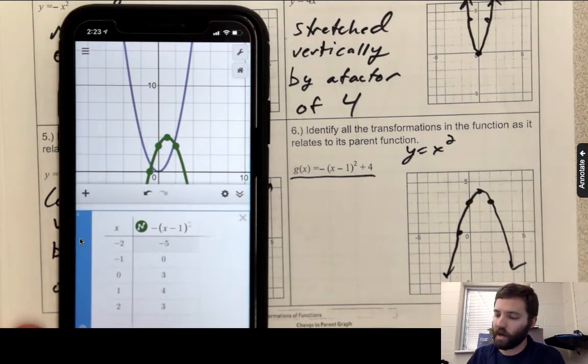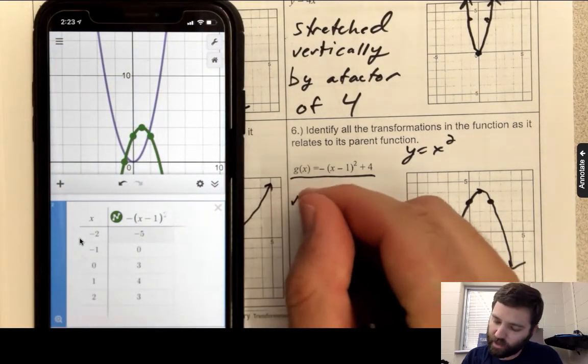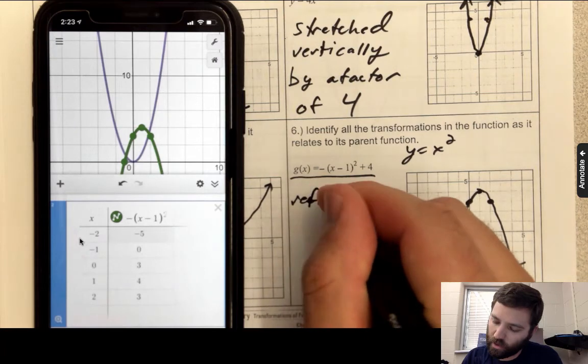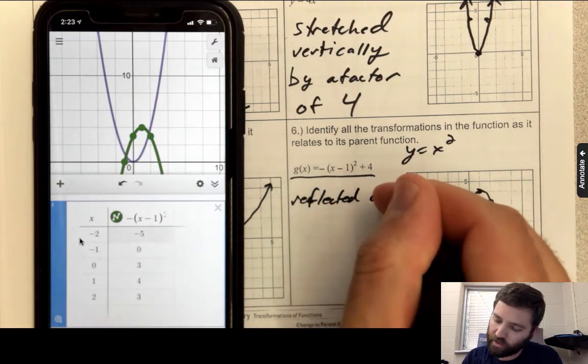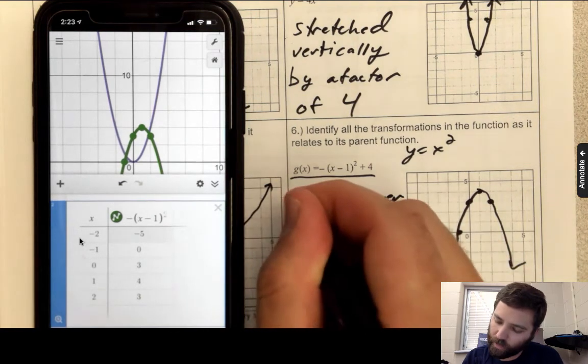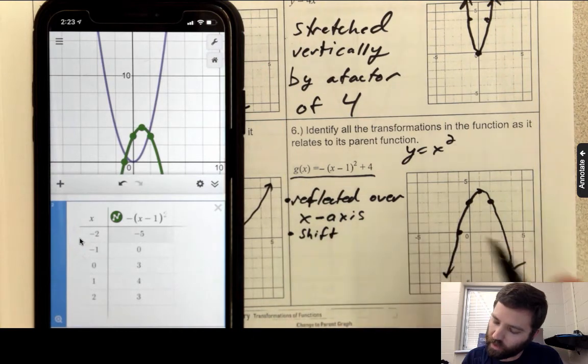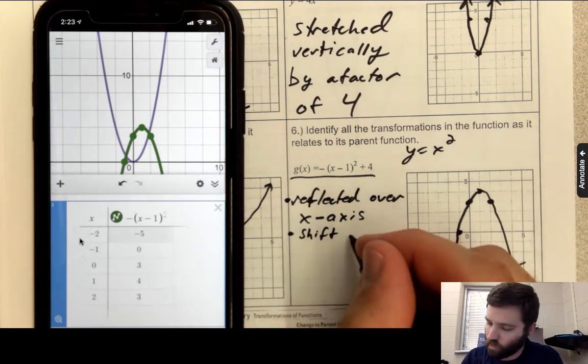All right, and then how are we going to describe this in words? Well, as I kind of already alluded to, this is reflected over the x-axis. It is shifted, what did we say, right 1.